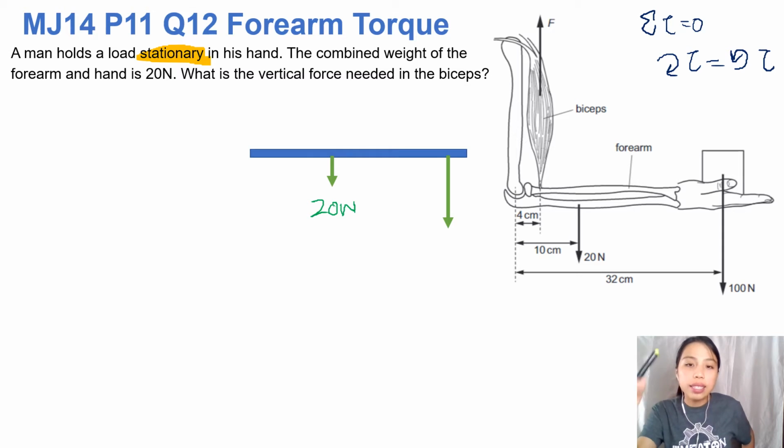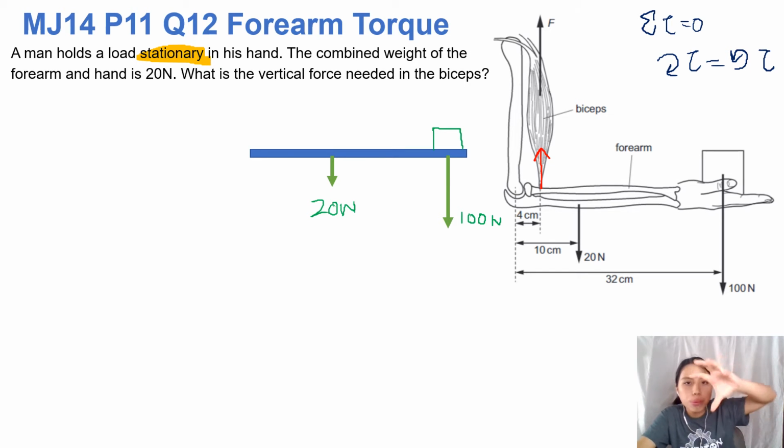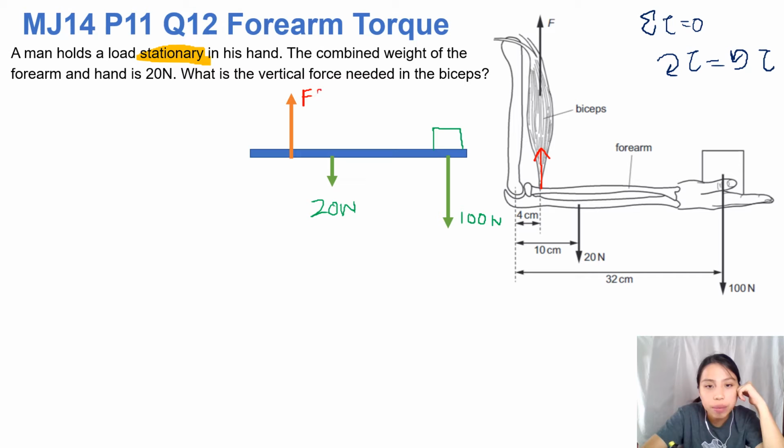And then there's the big heavy load, the box, causing a clockwise torque because of its force of 100 newton. So there's also what the muscle will do. Bicep muscle's gonna contract and pull up the whole bone to support that. And you can represent that with a simple arrow. And that's what I'm trying to find. What is this force needed?